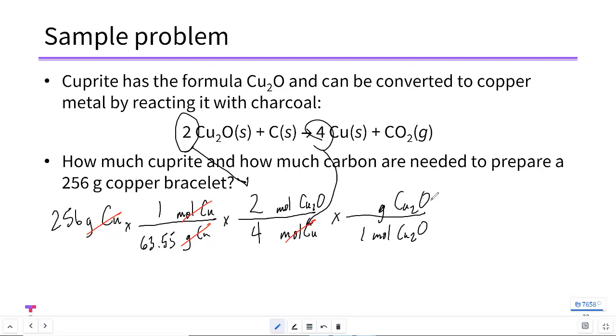So I've got 63.55 for copper times 2 because there are 2 of them, plus 16 for oxygen because there's 1 oxygen. 143.10 grams is the result. My moles of cuprite cancel. 256 times 2 times 143.1 divided by 63.55 divided by 4, to 3 significant figures because I only had 3 here at the start, is 288 grams of cuprite.